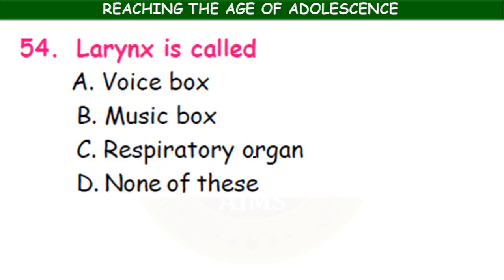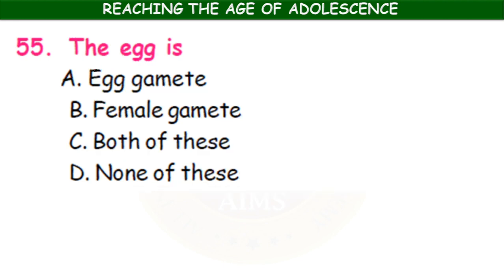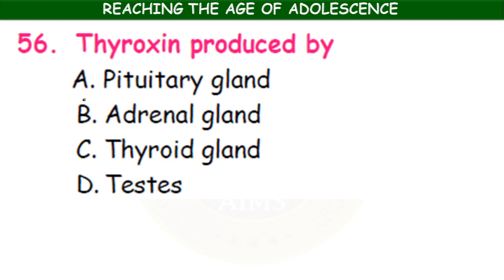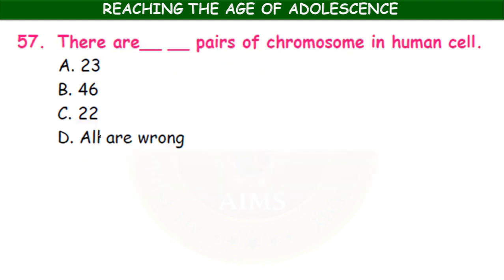Larynx is called voice box, music box, respiratory organ, none of these. So larynx is also called voice box, a sound producing organ. The egg is the female gamete. Thyroxine is produced by the thyroid gland.